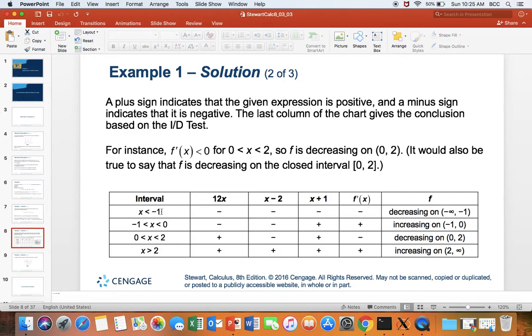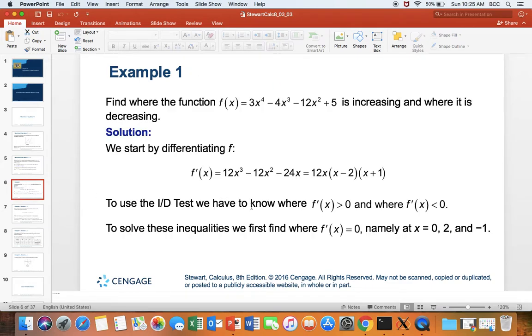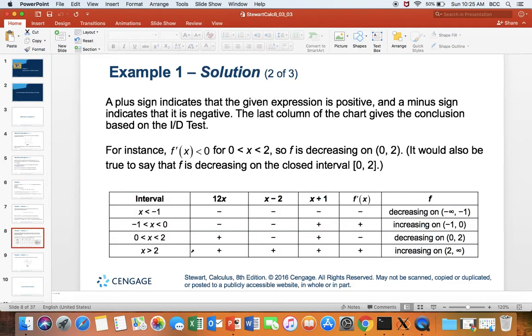Those are the intervals. Intervals go in one column, factors in the other columns, and f prime x in the last.